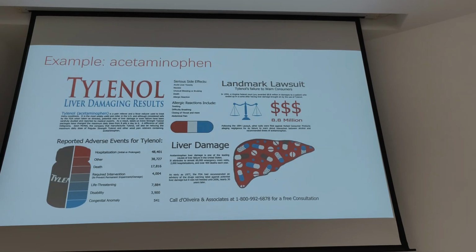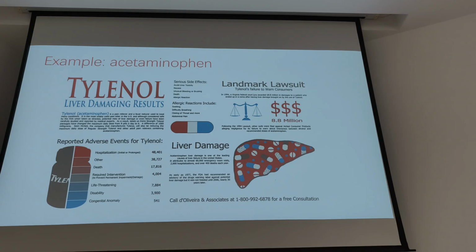So there are some important examples, such as acetaminophen. This has been widely used for a very long time, but it also causes some adverse effects, right? Several people got hospitalization, and some even died, and some had life-threatening effects or even disability.